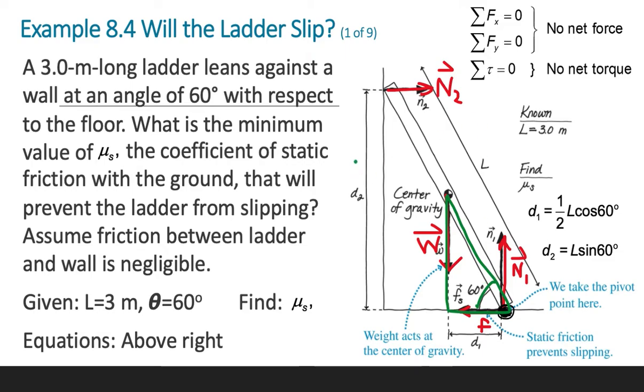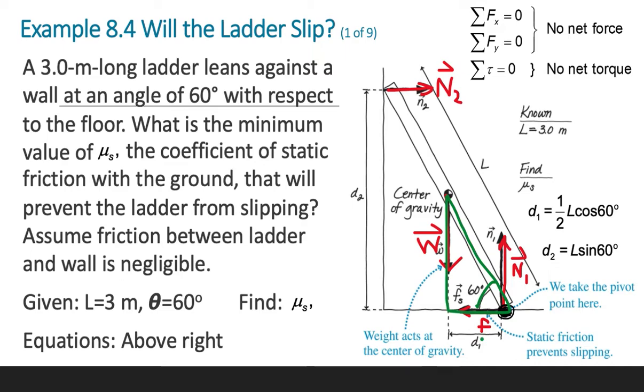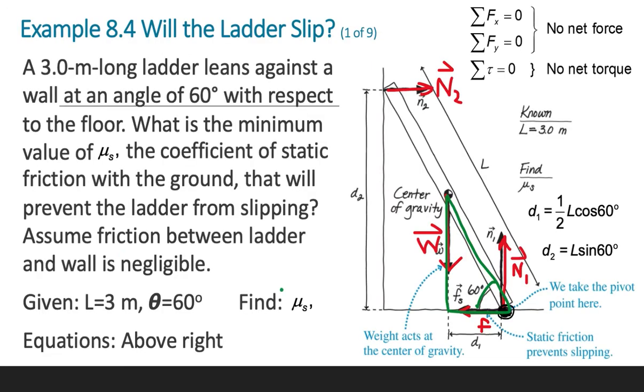Cosine of 60 is equal to the adjacent side, which we call D1, divided by the hypotenuse, which is half the ladder.